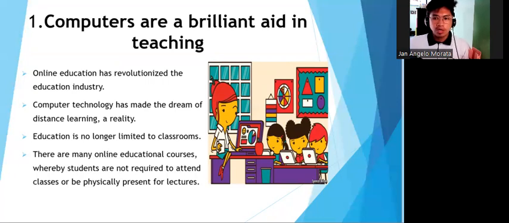So it is very important, especially during this pandemic. Some schools are now in distance online learning. And pasalamat tayo sa computer and that it makes it possible. So because of computer, naging posible ito.